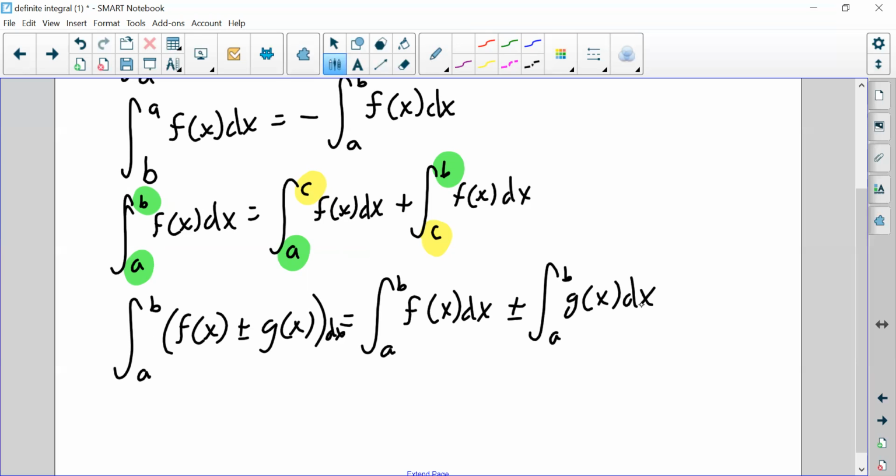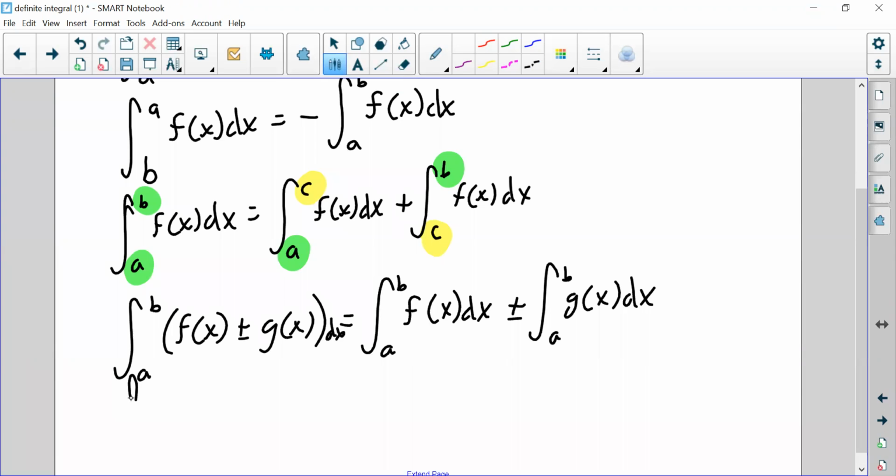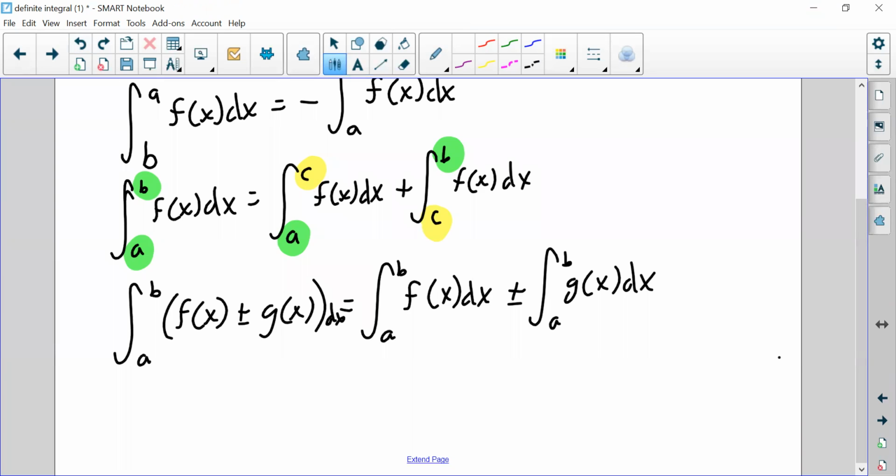And the one that's used quite often is the constant multiple one. So if I have the integral from a to b of some constant times my function, I can take that constant out, and just have that constant times the area under the curve from a to b of my function.